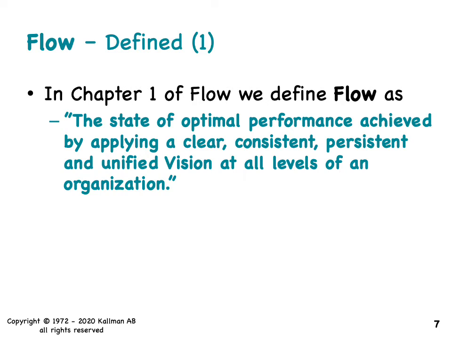In my book Flow, in Chapter 1, I defined flow as the state of optimal performance achieved by applying a clear, consistent, persistent, and unified vision at all levels of an organization.